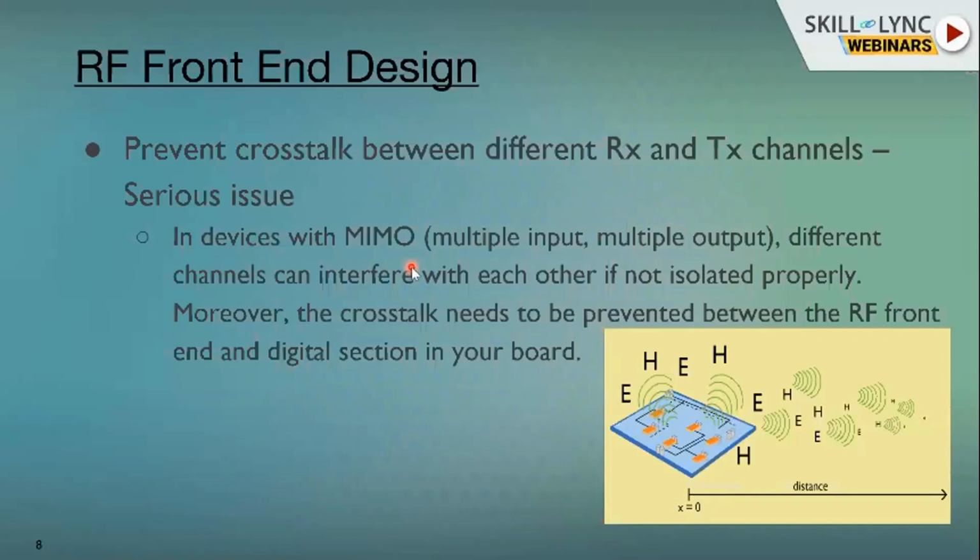Maybe we come across such a thing when you're trying to send some message and it says your data is corrupted. So that's how this interference plays a role. It affects the functionality of the system, so we need to be very careful while designing the transmitter and receiver.